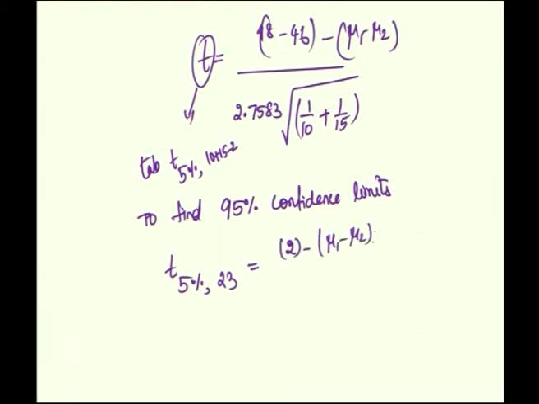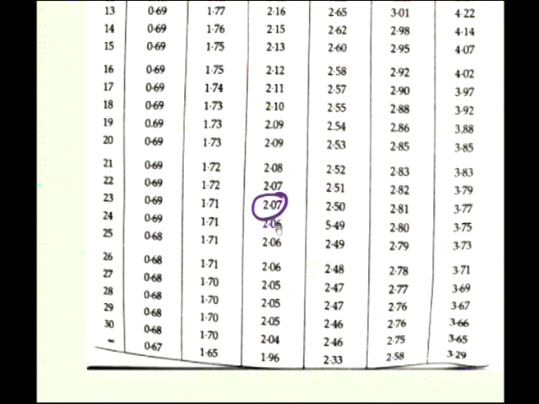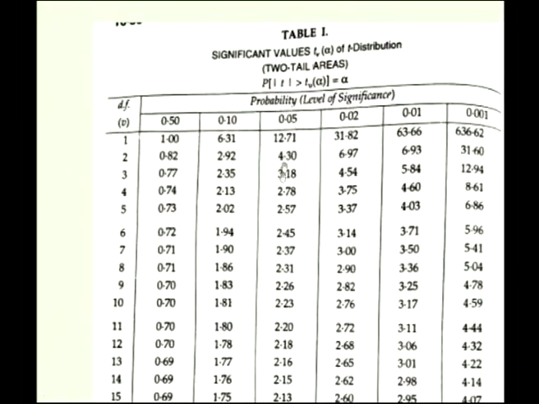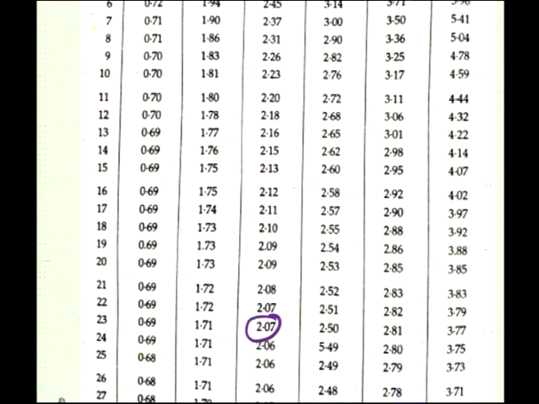We are finding the estimate for the difference of the population means only, divided by 1.126071. This table value we have to see from the tables: 23 degrees of freedom and 5% level of significance. So, this is 2.07.